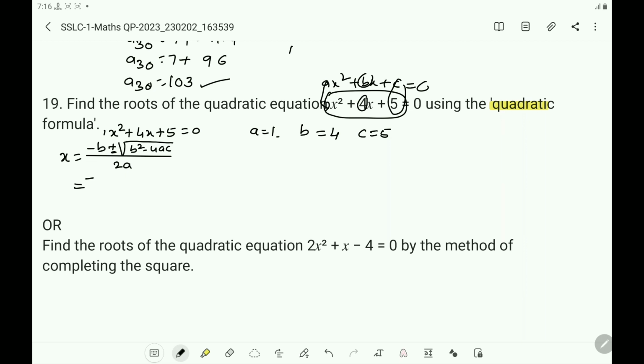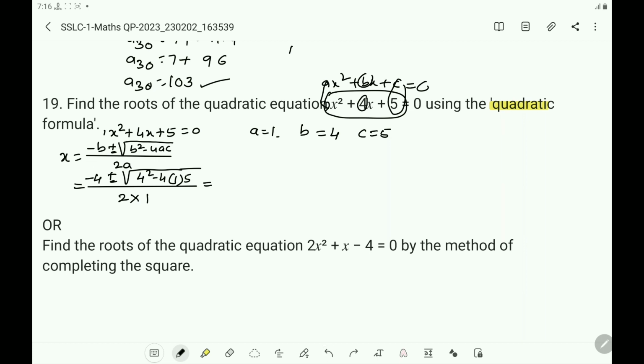Then b value is 4. So minus b means minus 4, plus or minus. Again in the place of b you write 4. b square means 4 square, 4 square minus 4 into a, a is 1, into c, c is 5. That divided by 2 into 1.